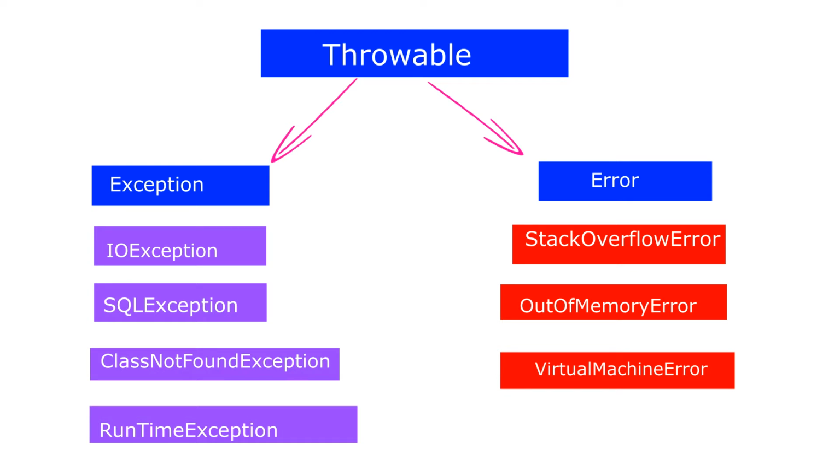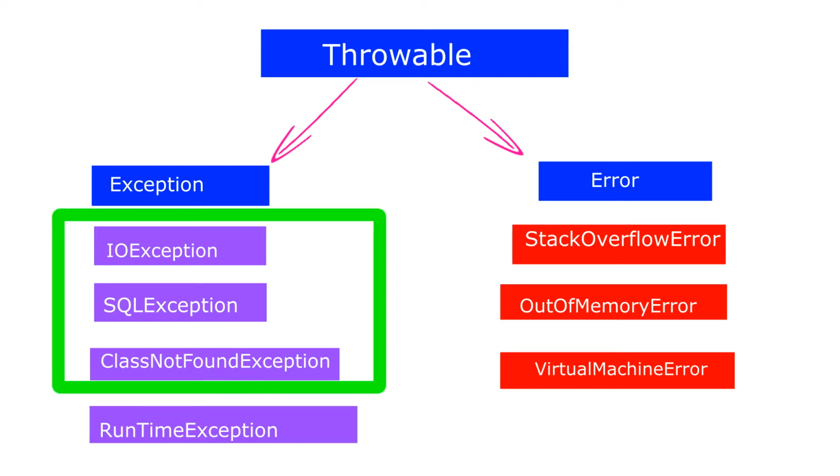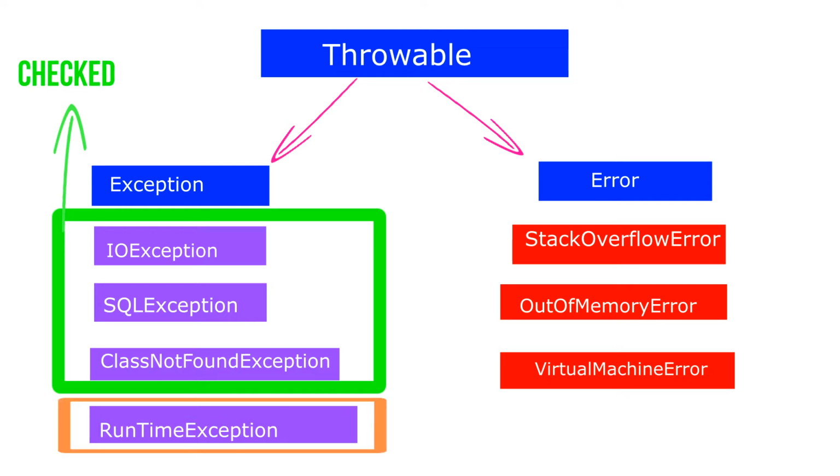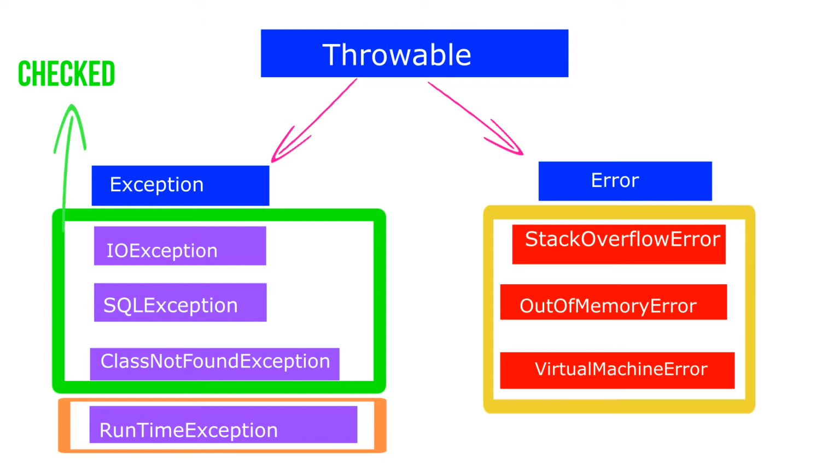Now, what is a checked exception and unchecked exception? What is a checked exception, unchecked exception and errors? Errors, what we saw under the Error class, whatever comes in is called errors. Whatever comes under RuntimeException is called unchecked exceptions, because those exceptions are not sure to happen.